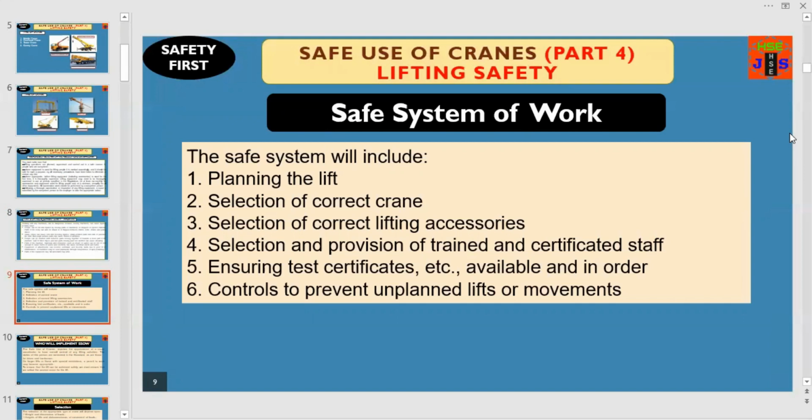If you follow these steps in sequential order, you can easily maintain lifting safety at your workplace.